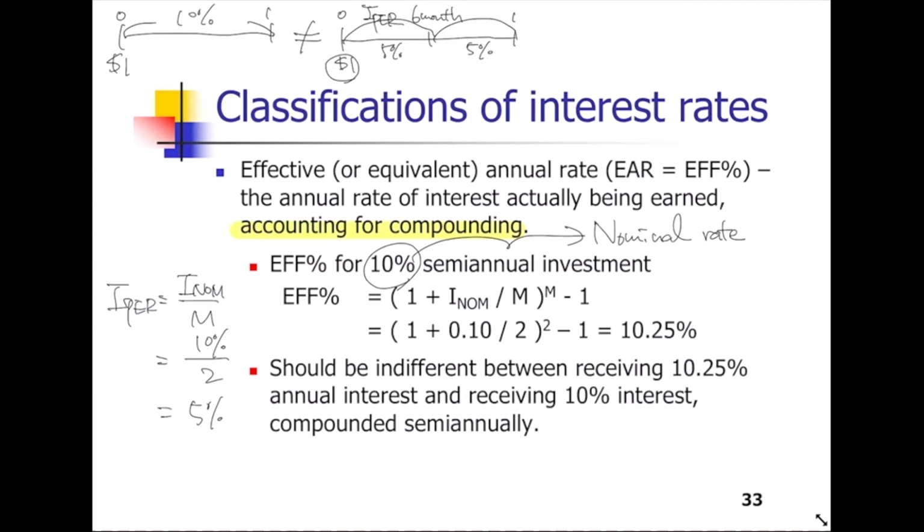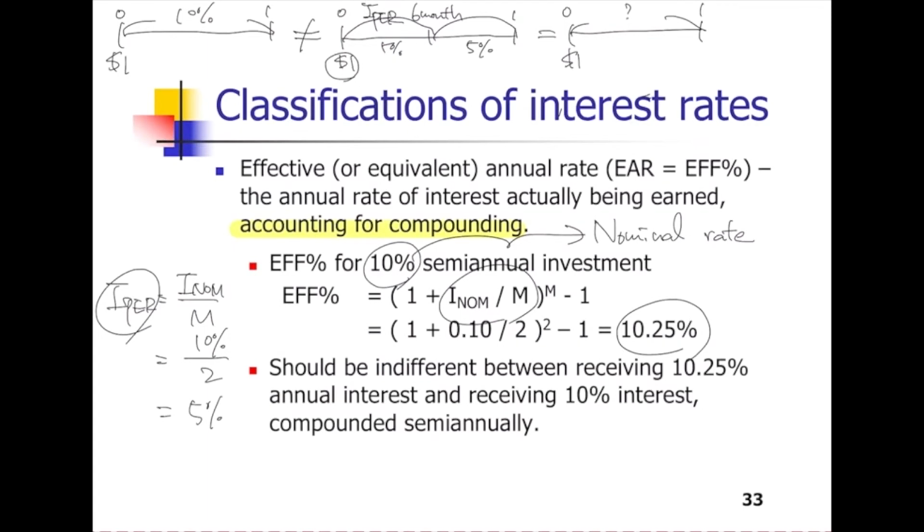No. Now we want to know what rate shows the compounding effect. Let's find this. This timeline can be calculated by this. The future value is 1 multiplied by 1 plus 0.5. How many times compounded? 2 times, right?